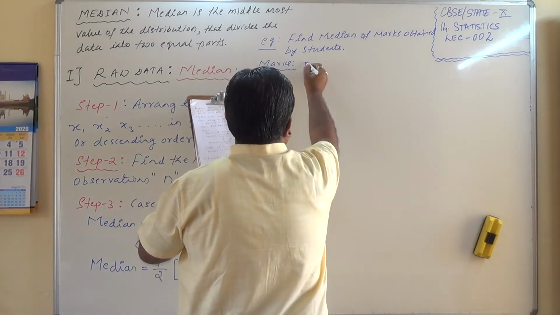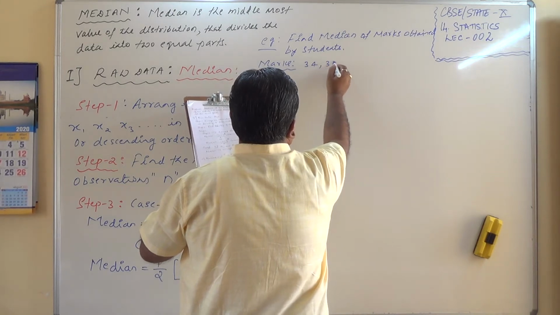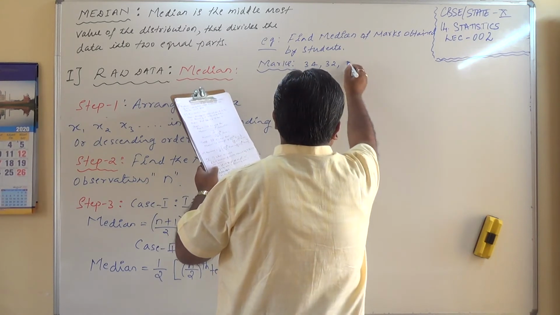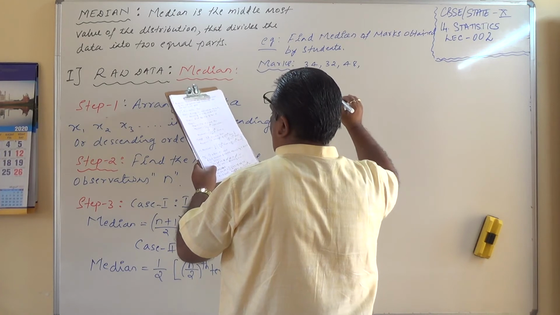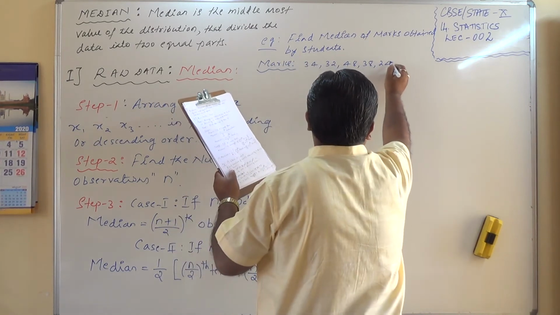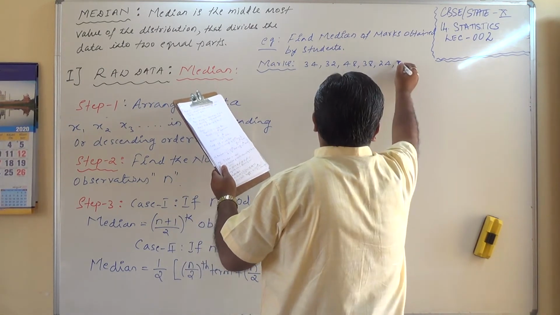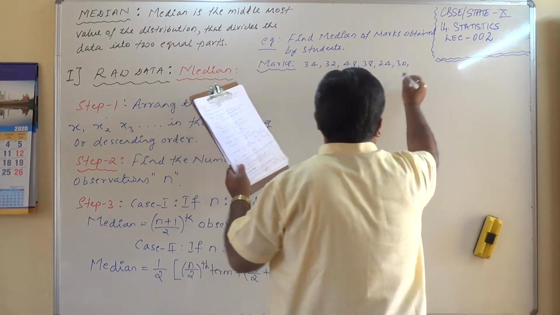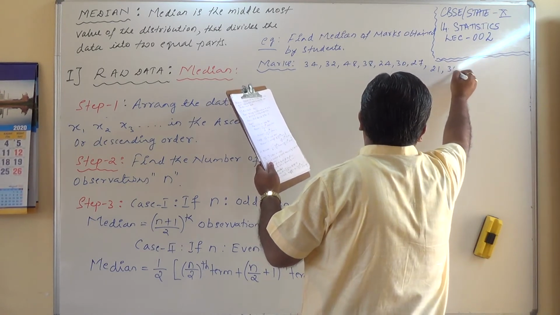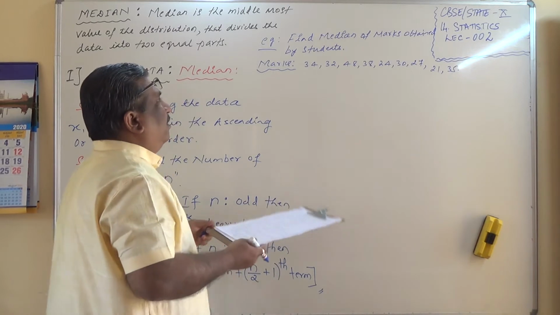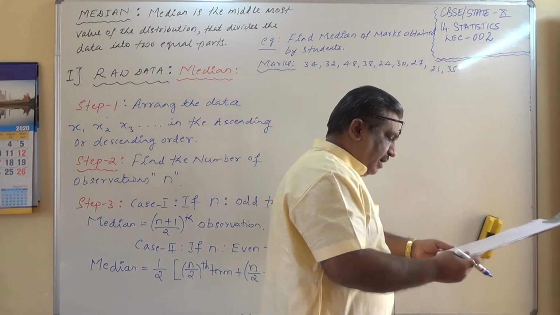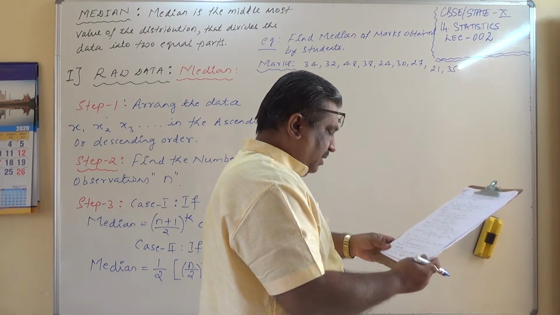34, 32, 48, 38, 24, 30, 27, 21 and 35. How many observations are there? 1, 2, 3, 4, 5, 6, 7, 8, 9. 9, I think, did we count correctly?